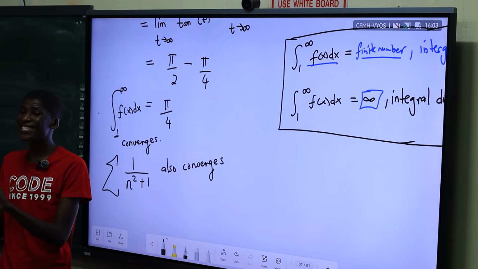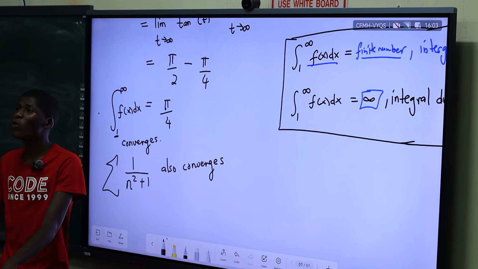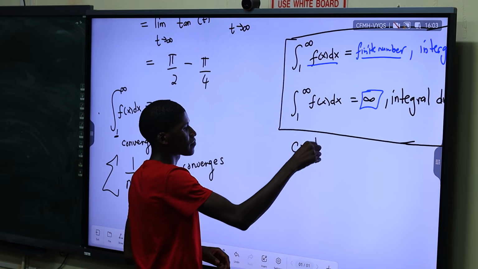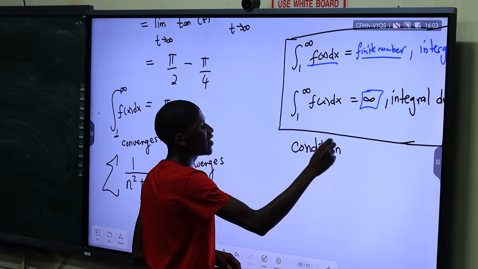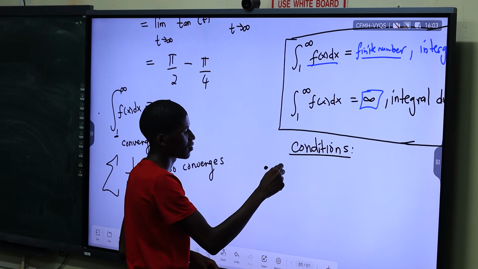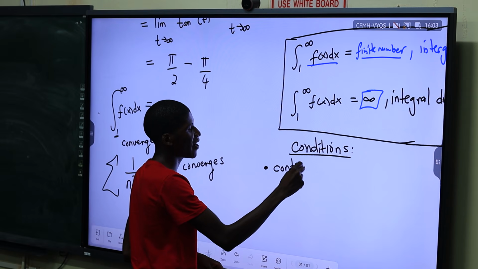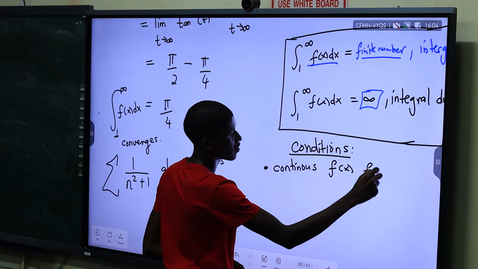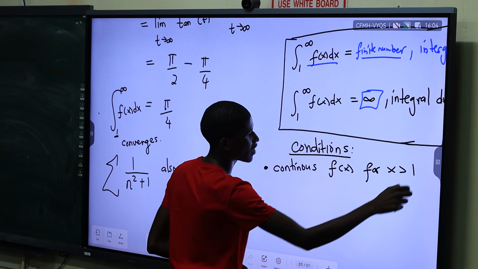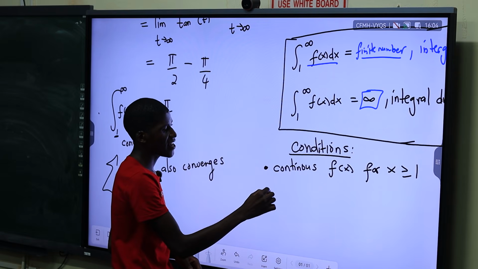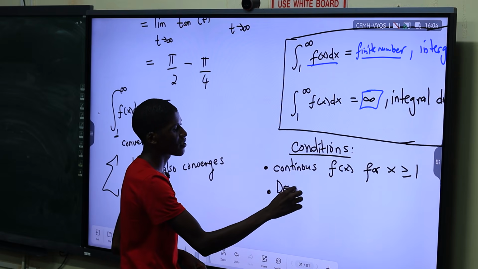So we need a decreasing function. It must be continuous. So when you want to use an integral test, it must be a continuous function f of x for x greater than or equal to 1. And the next thing, it must be a decreasing function.